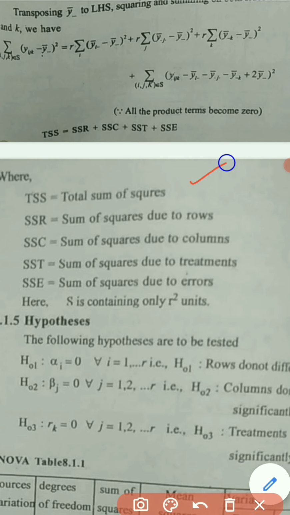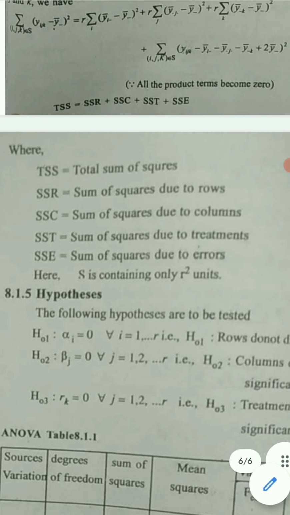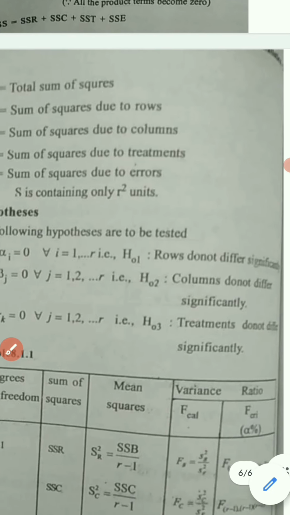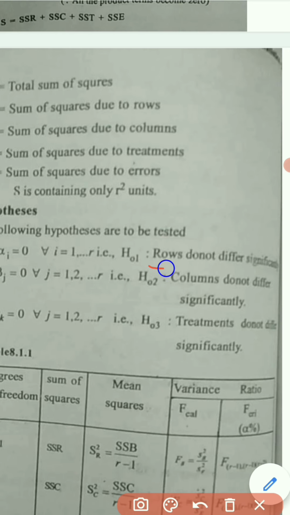Then, students, we can elaborate it. We will write total sum of squares, row, column. All these values we can put for all. Just expand those words. Then, students, we will write the hypotheses. H01: alpha i is equal to 0, H02, H03 we can write for all. It will be rows do not differ significantly, columns do not differ significantly, and treatments do not differ significantly.